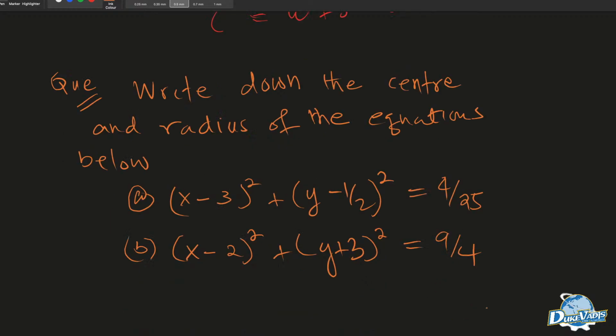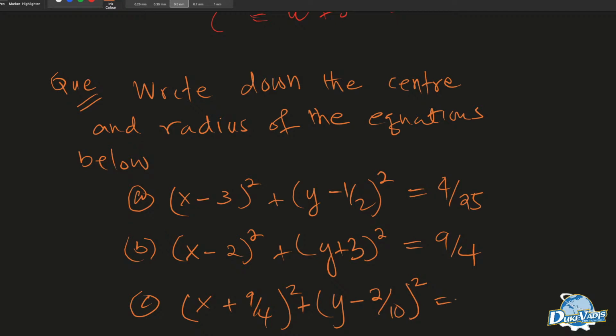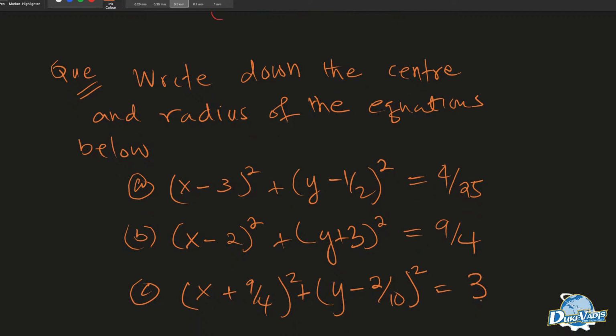And the last but not the least, which is C, is given as x plus 9 over 4 squared plus y minus 2 over 10 squared equals 3.